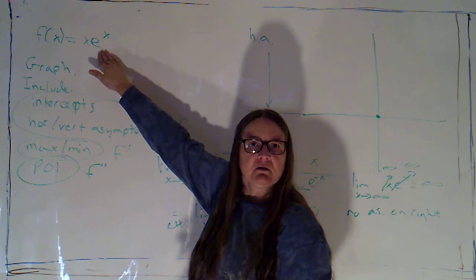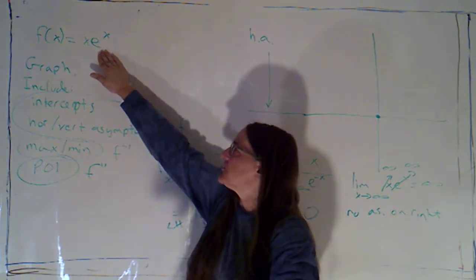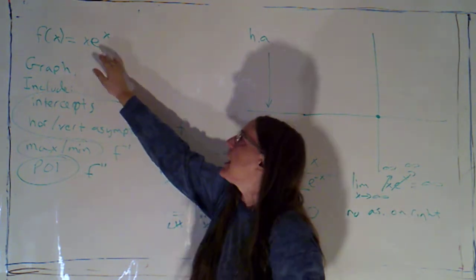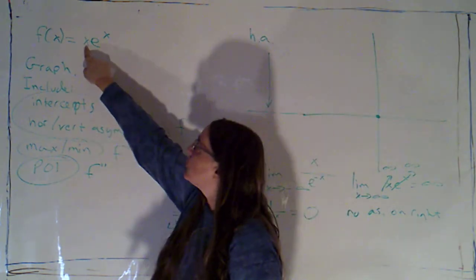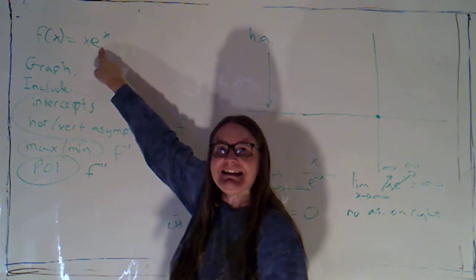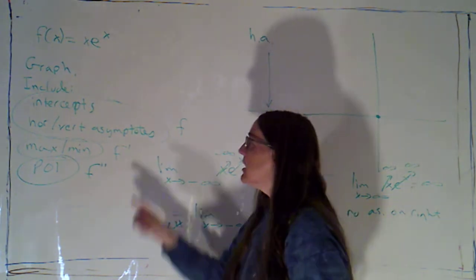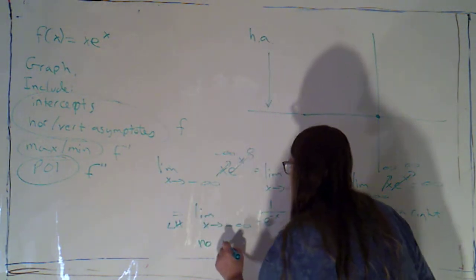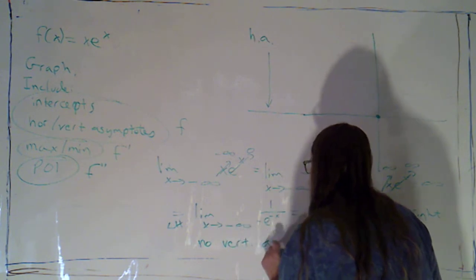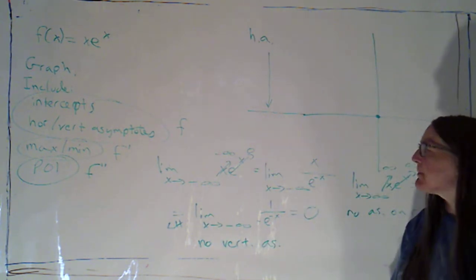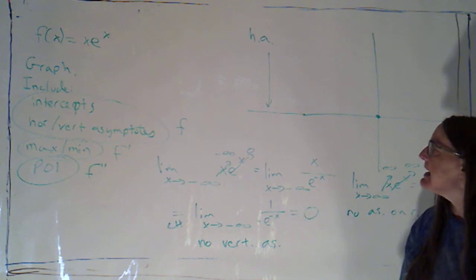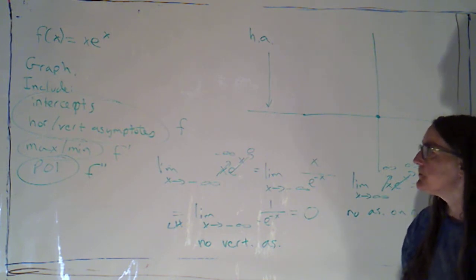Well, I don't have a fraction, so there's nothing to make the denominator 0 because there's no denominator. My building blocks were just x and e to the x. Neither one of those has a vertical asymptote. So I can simply say there is no vertical asymptote. But I want to get in the habit of checking for that to see if there is one or not.